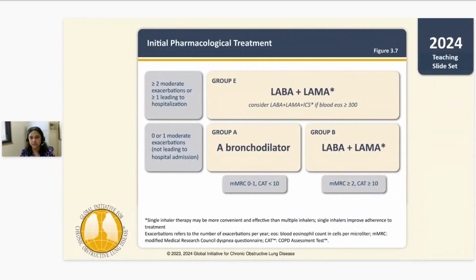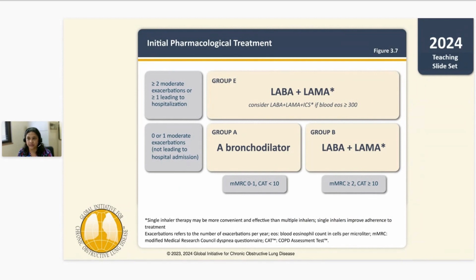But going back to that framework of categorizing the patient's severity of COPD as A, B, or E, in group A, these patients can be managed adequately with short-acting bronchodilator.